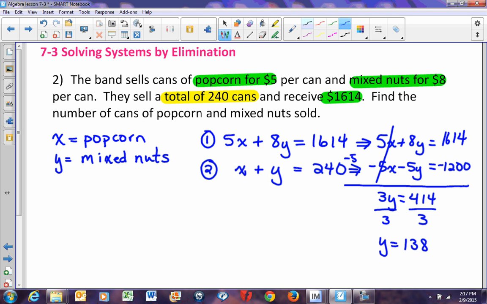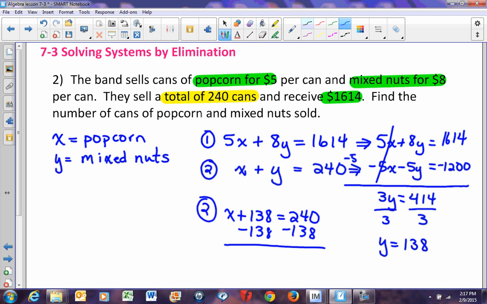So we will need 138 cans of mixed nuts. So if I go back into equation 2, x plus 138 has to equal 240. I can solve and figure out how many cans of popcorn I need by subtracting 138. Okay, 240 minus 138 is 102.